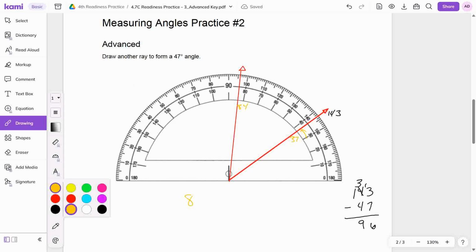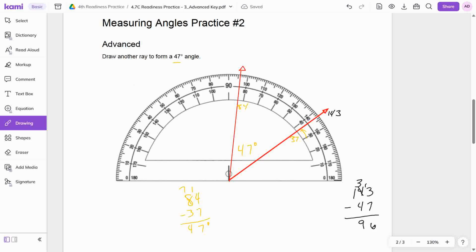So let's subtract 84 and 37. And you see we have 47. That 47 degrees, which is what we were looking for. So that is how we would draw that 47 degrees. That line has to be right there on that 96 if we're counting on the outside.